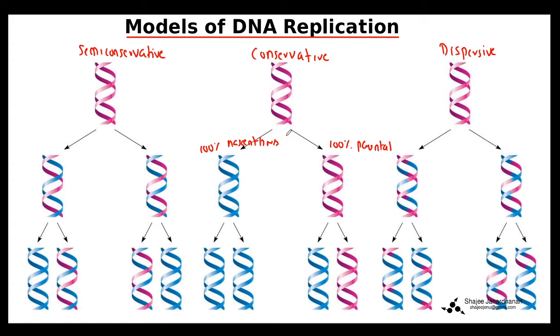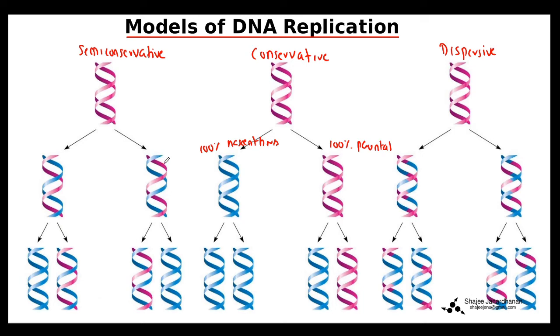Whereas in the semi-conservative mode of replication, it says that there is only 50% conservation of the DNA between daughter duplexes. It means that after replication, each daughter duplex will contain both parental as well as nascent DNA.